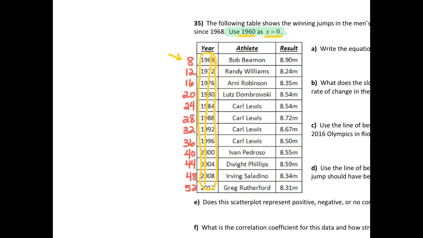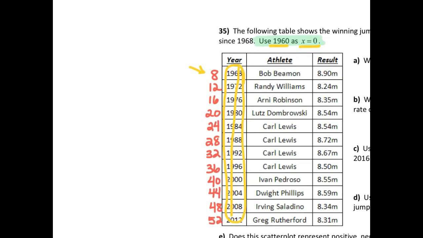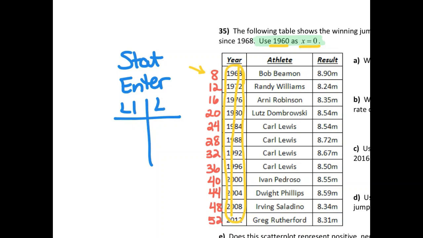Now, in your calculator, you're going to press stat, and then enter. You want that first choice, enter, which is going to take you to the screen where you have your L1 and L2 and so on. And you want to put those numbers that we computed for the year.